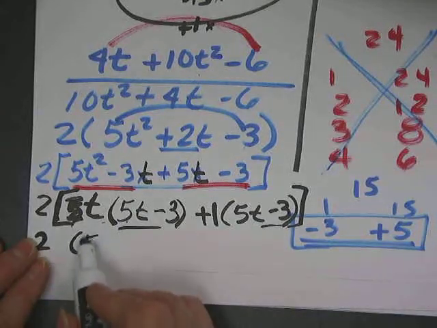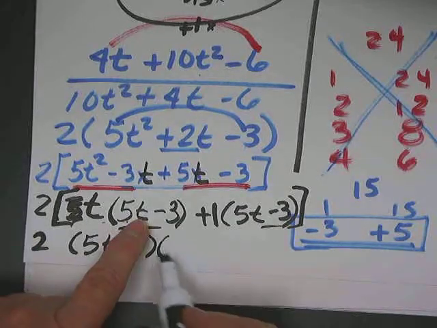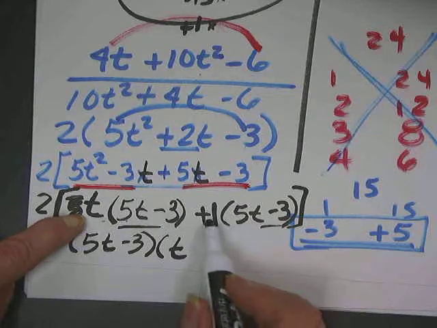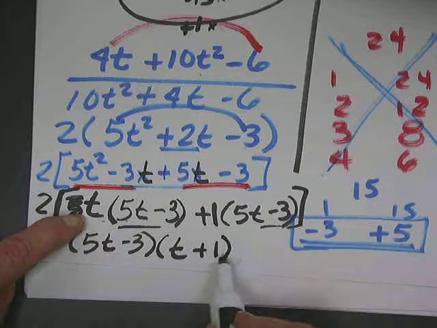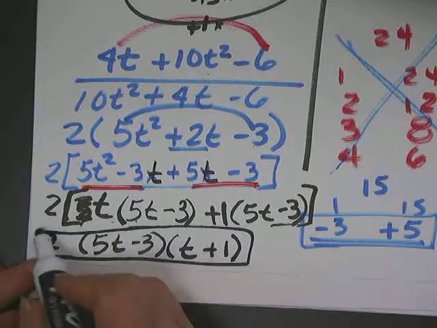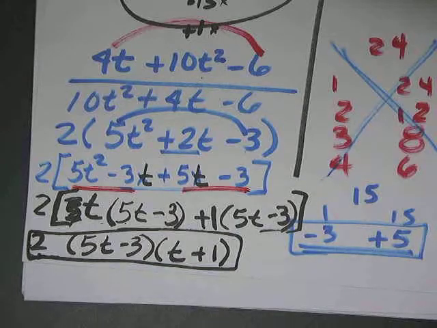Yes. Okay, this one stays out here as a factor. What do they have in common? 5t minus 3. And this one was multiplied by t, the other one was multiplied by plus 1. So there it is.